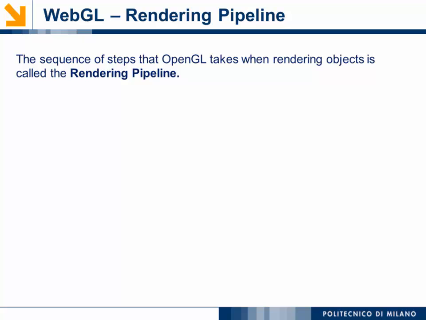So the sequence of steps that we need in order to create the image that we plan to visualize, because the visualization itself is something extra, meaning that we just reach the point of creating the video buffer.